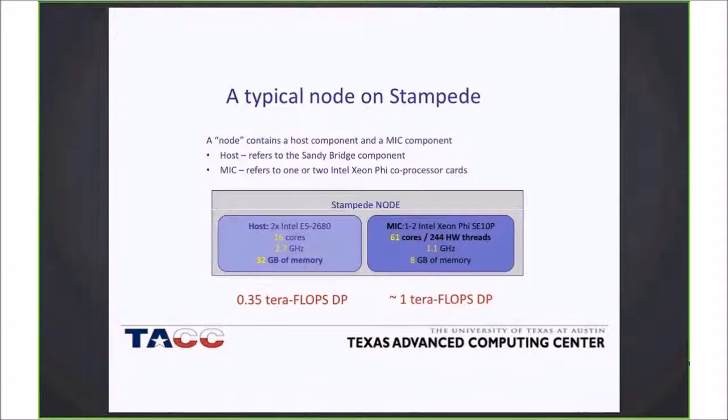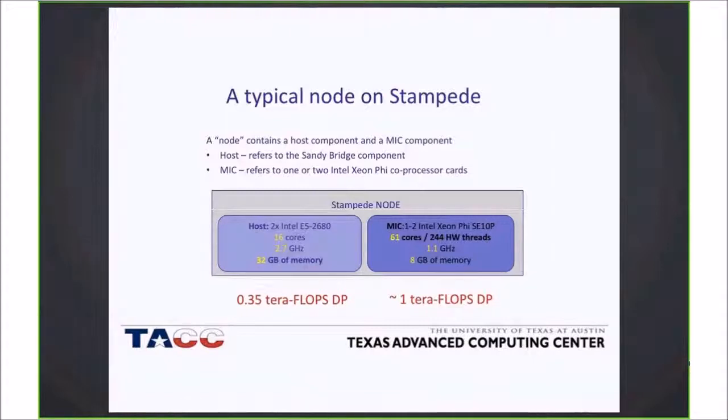There are 16 cores in total, running at 2.7 gigahertz, with 32 gigabytes of memory available. All compute nodes have at least one Intel Xeon Phi as a PCI Express card. More than 400 nodes have two MICs installed.